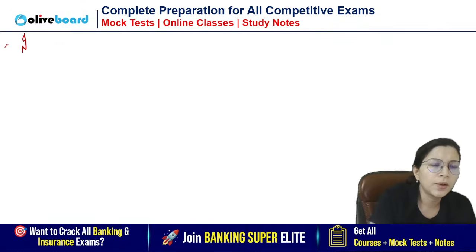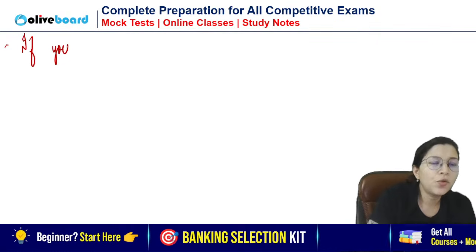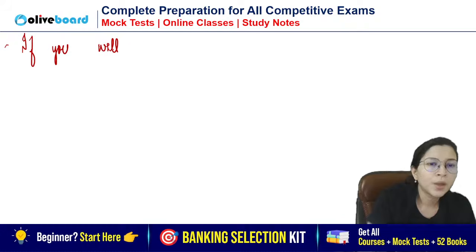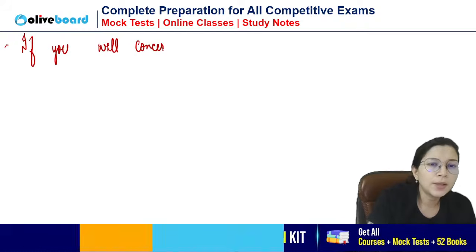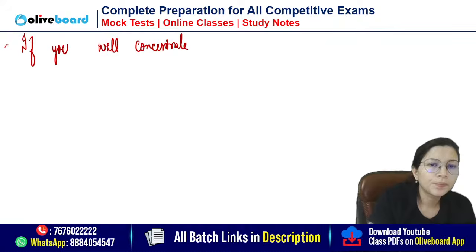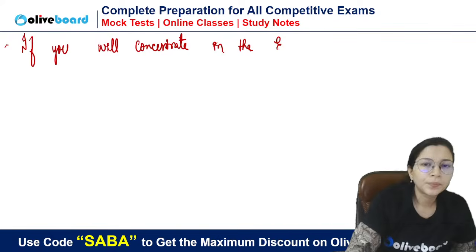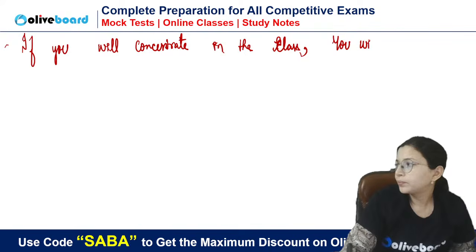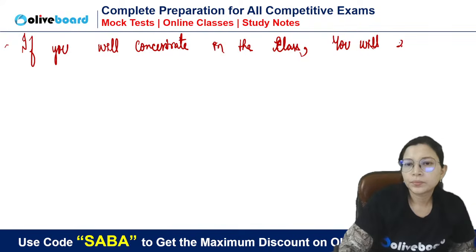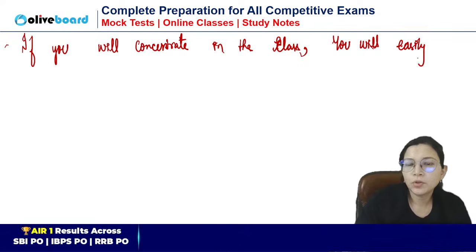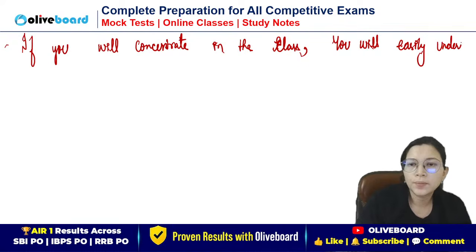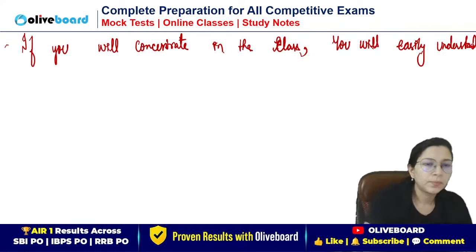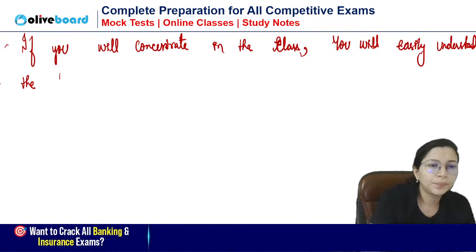See, first of all, the basic way of asking a question is this. The very basic way. If you will concentrate in the class, you will easily understand the topic.